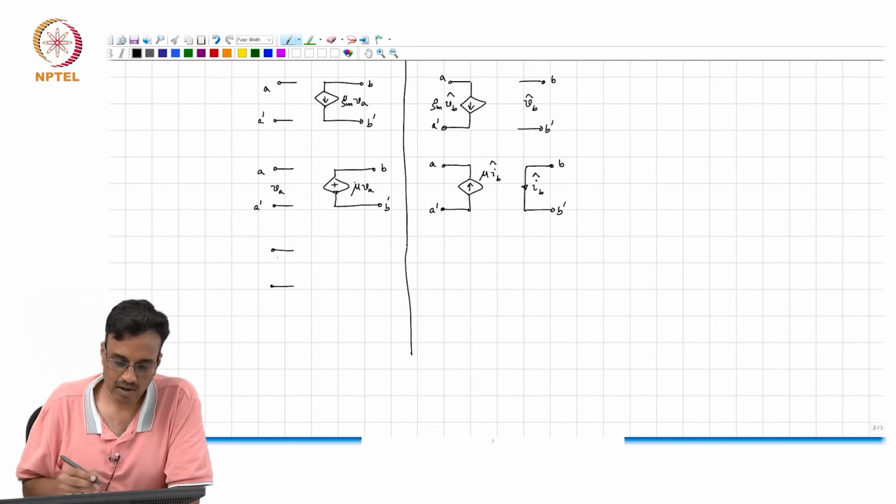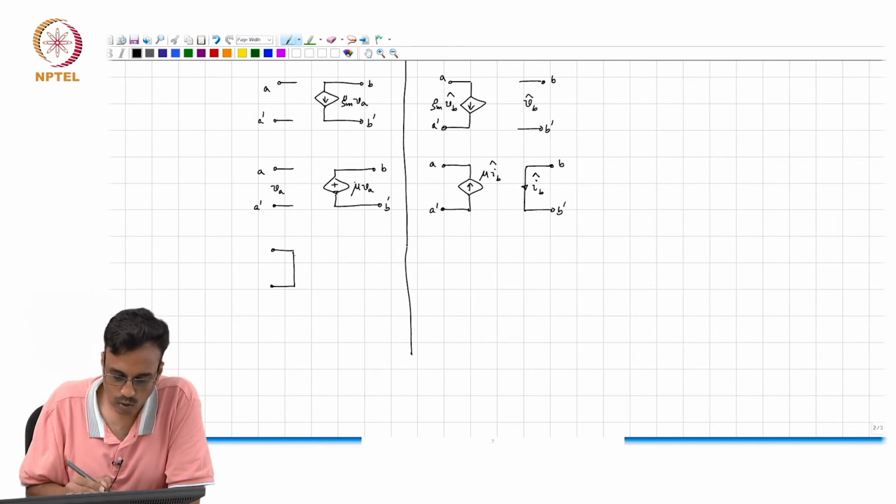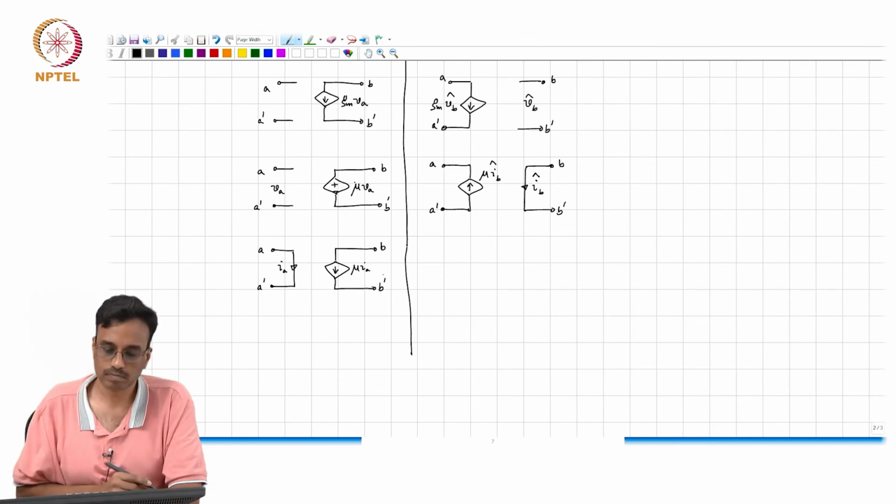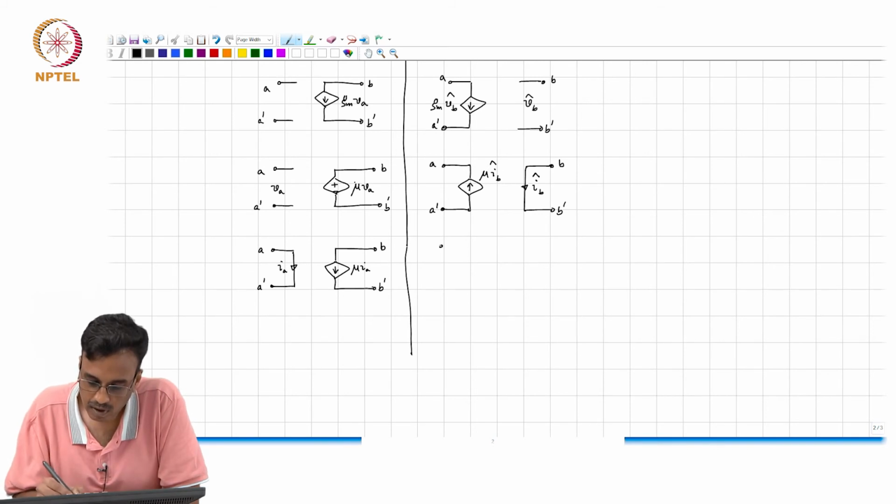If you have a current controlled current source, so this is IA, this is mu times IA, this is B and B prime. What should we do?